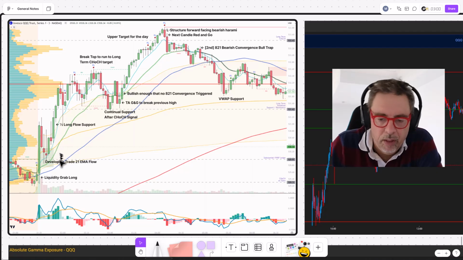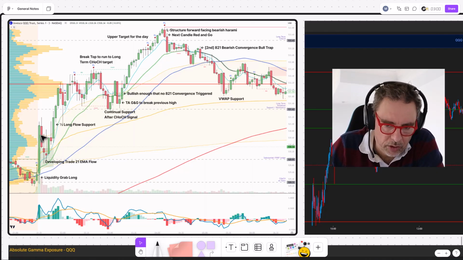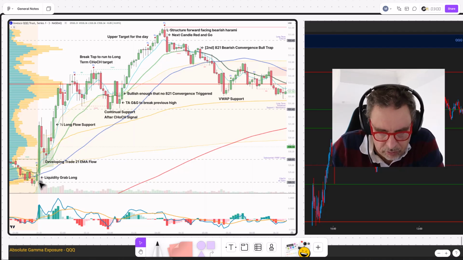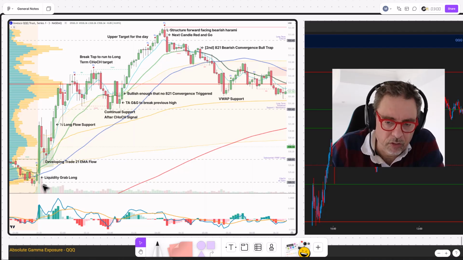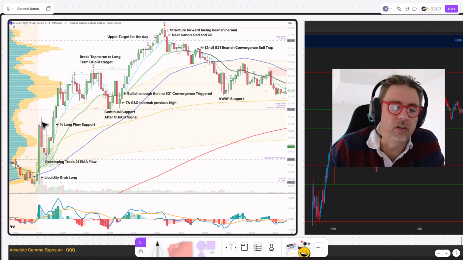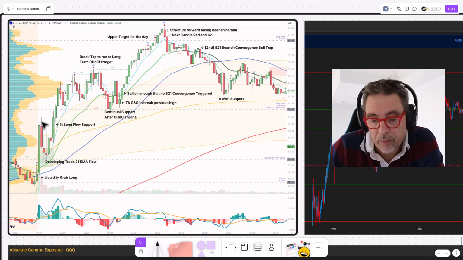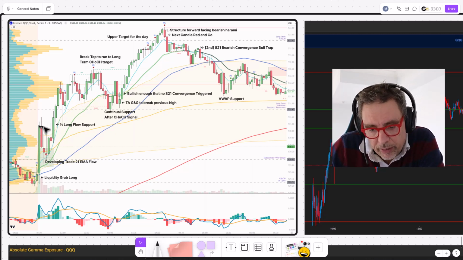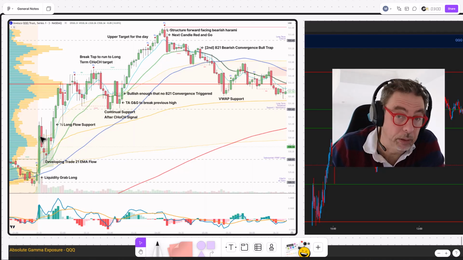Okay, so you can see here the index opened, the QQQ ETF opened, and it grabbed down here and had a liquidity grab. It went long. And you have this explosive candle that's quite scary for a lot of traders at the open. For some, they love it. Now, if you went short, it would have definitely hurt you.